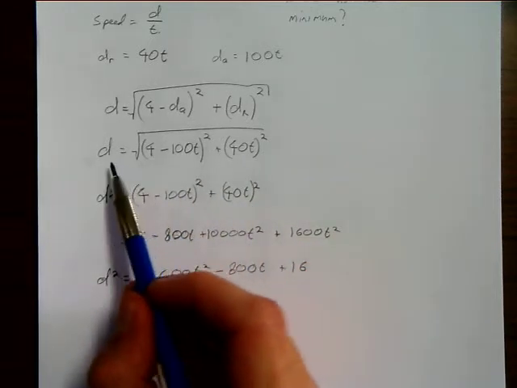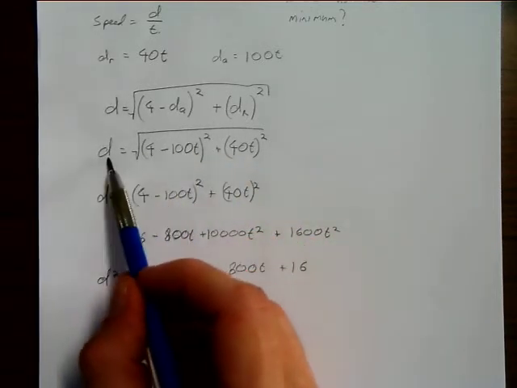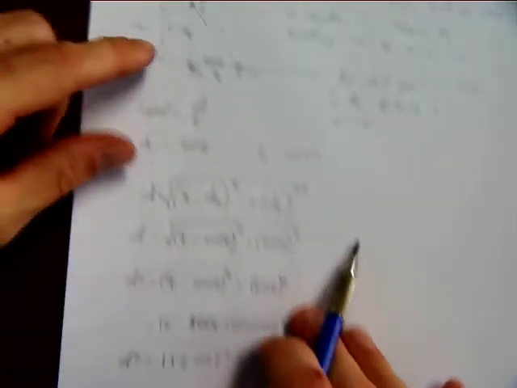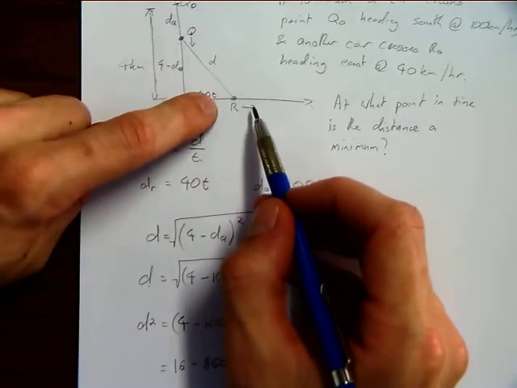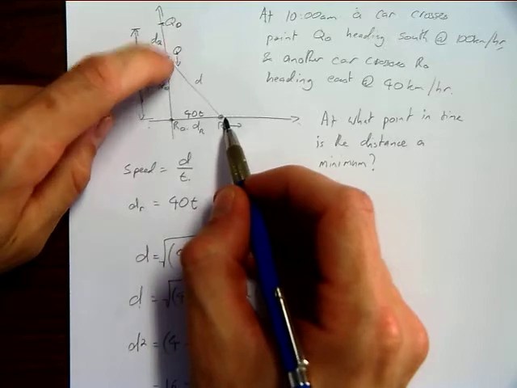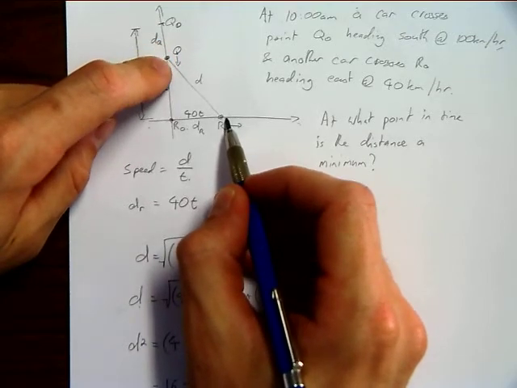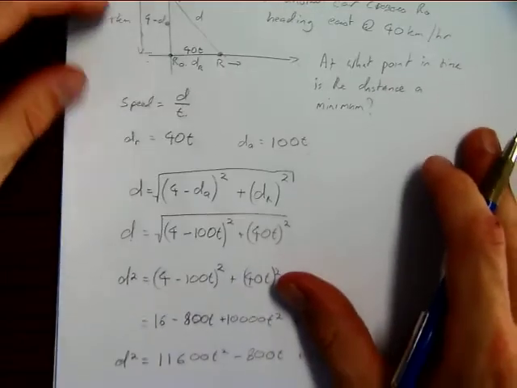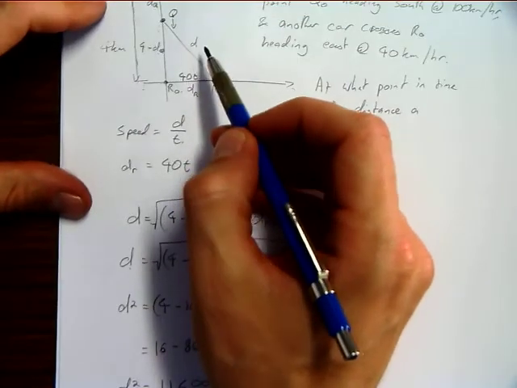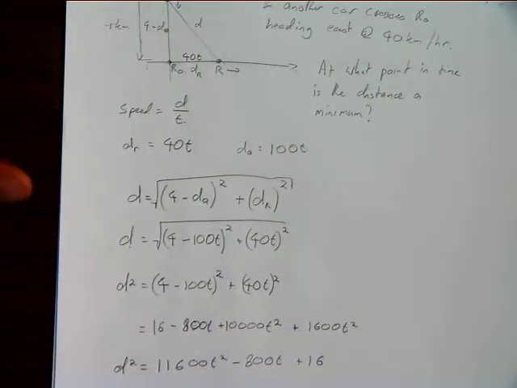We have some t that is going to give us the smallest d, as in, at some point in time, I'm going to get the smallest distance between here and here. If I square those values, I'm going to get the smallest number that's going to give me d squared.